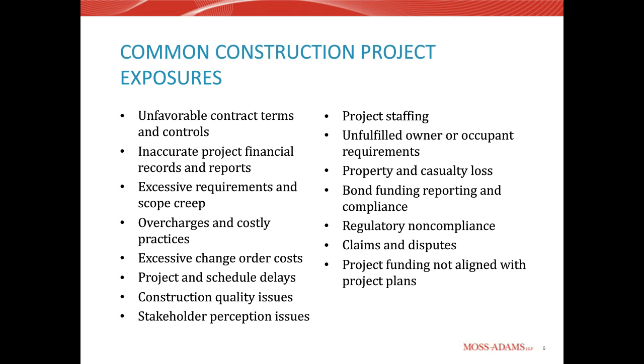Whether that be reporting, allowable cost, change order review, or project funding, all of those have different controls that need to be put into place to mitigate those exposures early on in the project.